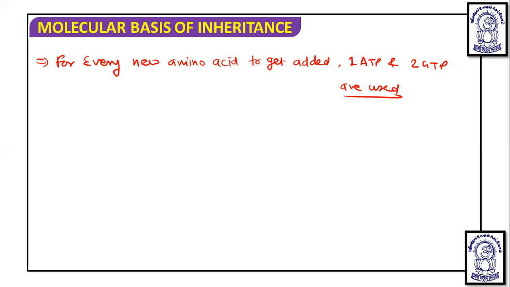Or we can say for every peptide bond formation, one ATP and two GTP are used.